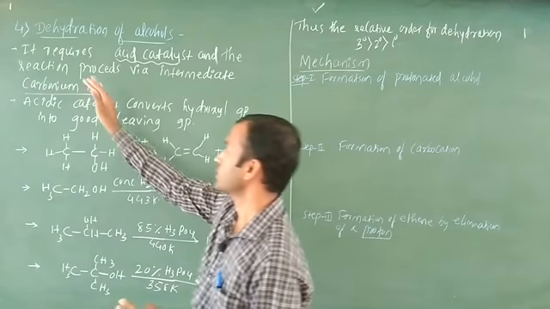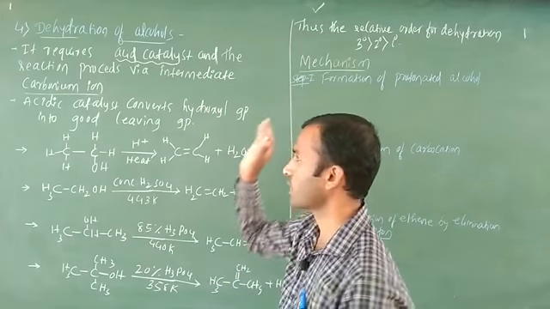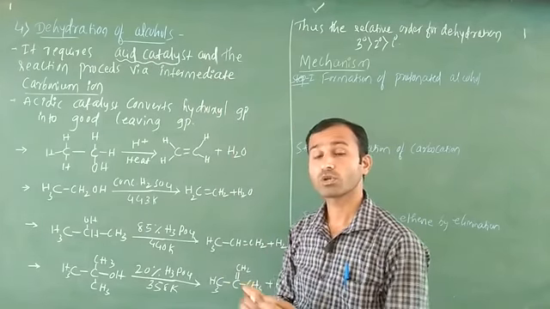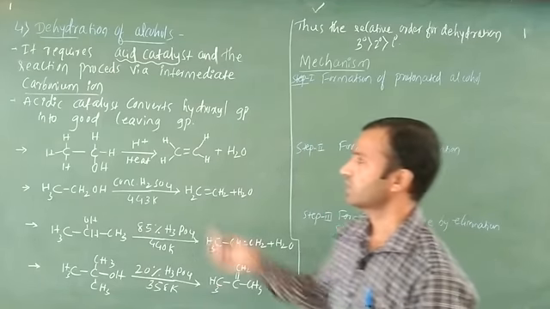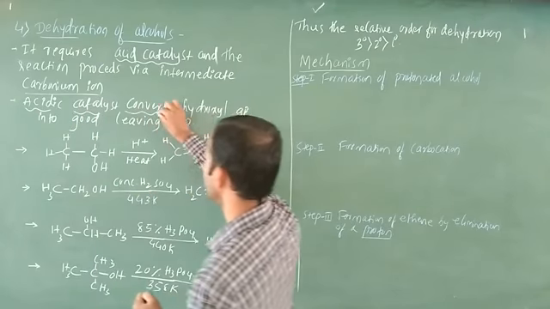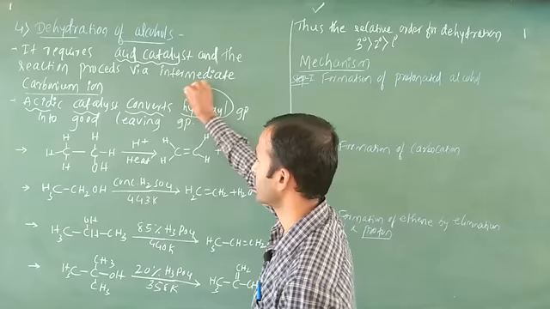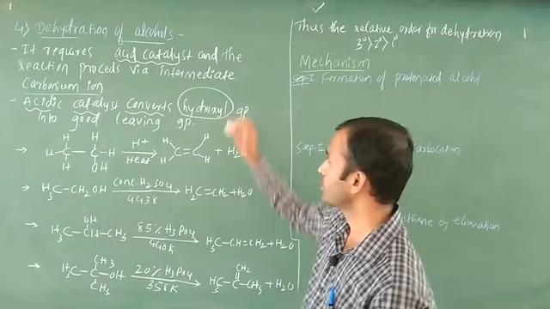In this case also it requires an acid catalyst, and the reaction proceeds via an intermediate, carbonium ion. There is a formation of carbonium ion. The next point is that the acid catalyst converts the hydroxyl group into a good leaving group. The hydroxyl group is the OH.